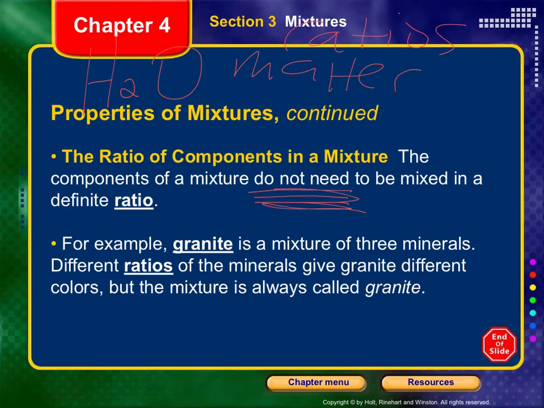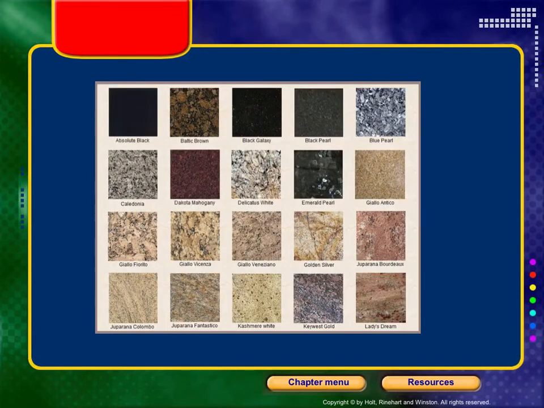So, for example, like granite, a lot of you guys have granite countertops at home. Now, I'd say if you go look at your granite countertop, go to a buddy's house, his granite countertop is probably not going to look exactly the same. That's because there's different ratios of minerals in there, right? And on the next slide, right here, you can see the different kinds of granite, right? So you've got this one here probably has got a little bit more quartz in it, right?